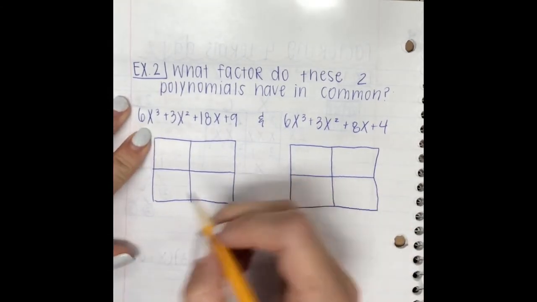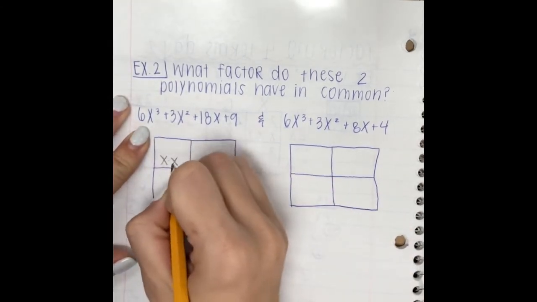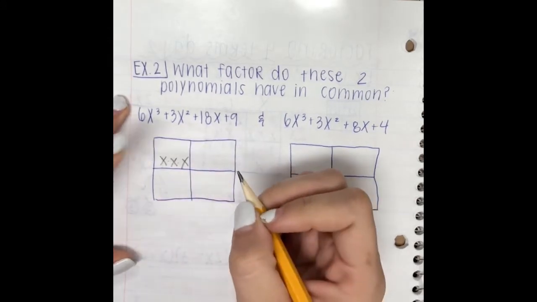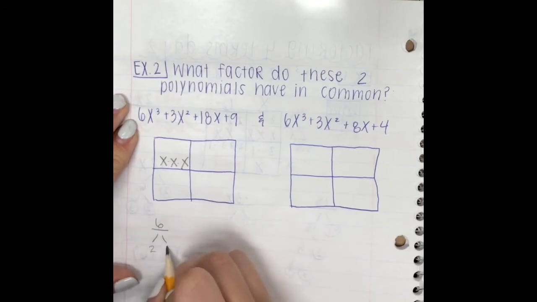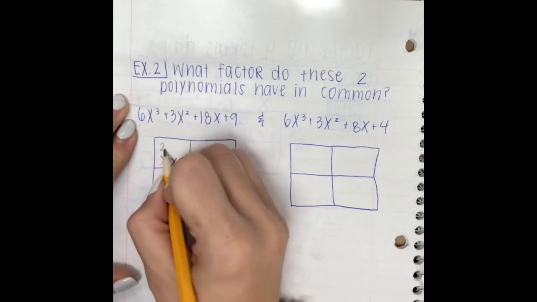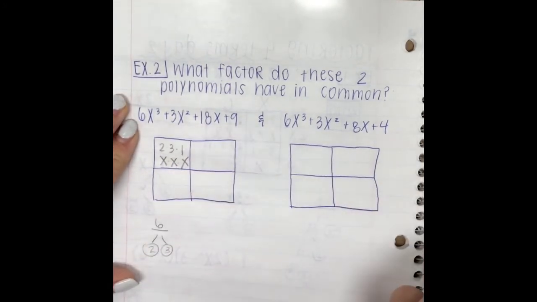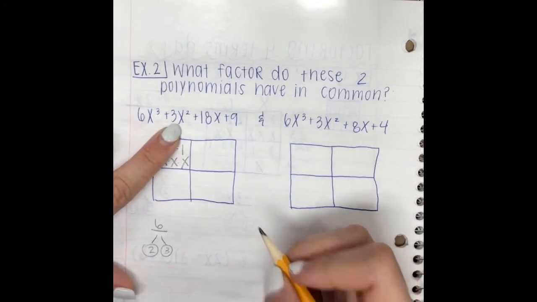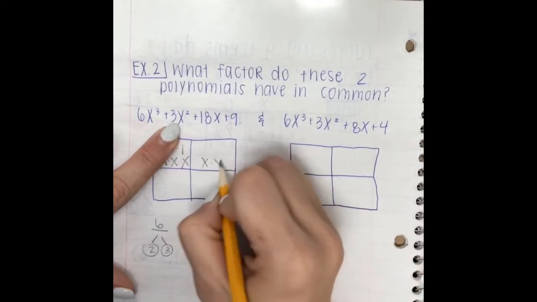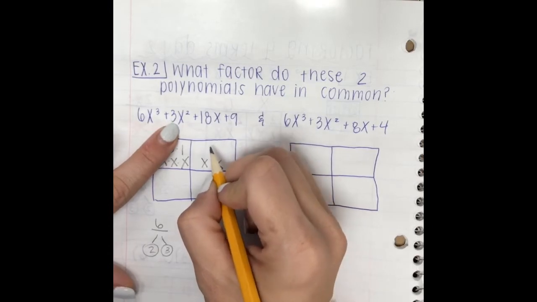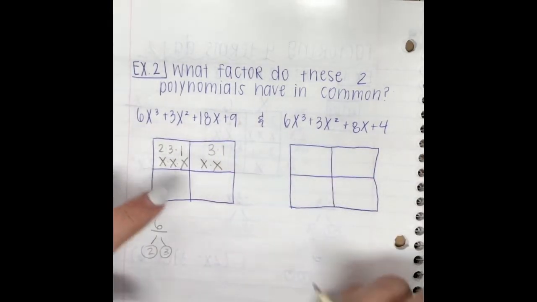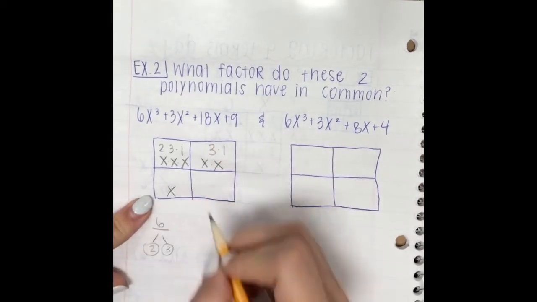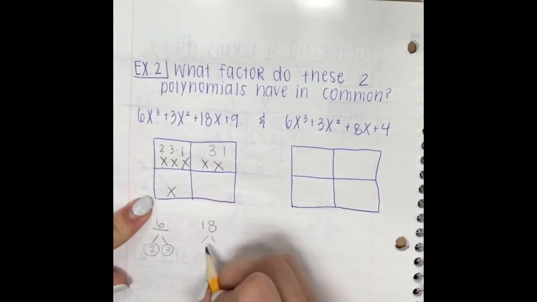So 6x cubed, that means I'm going to have x times x times x to give me my x cubed. 6, we can break down into 2 times 3 times 1, okay? And then we'll do x squared. If you already know that 3 is a prime number, you know you should have 3 times 1 up there. 18x, and then we can break down 18.